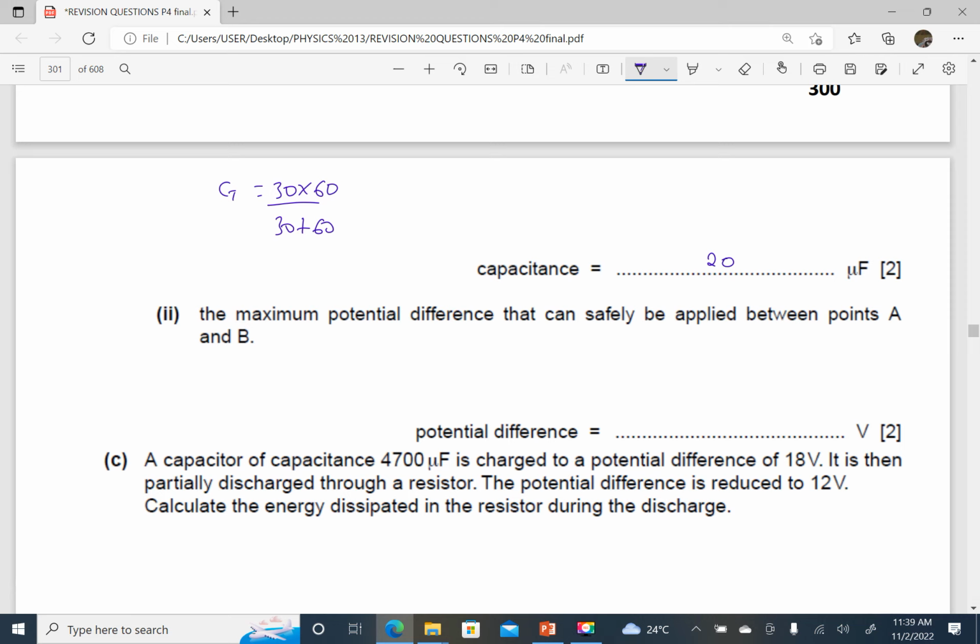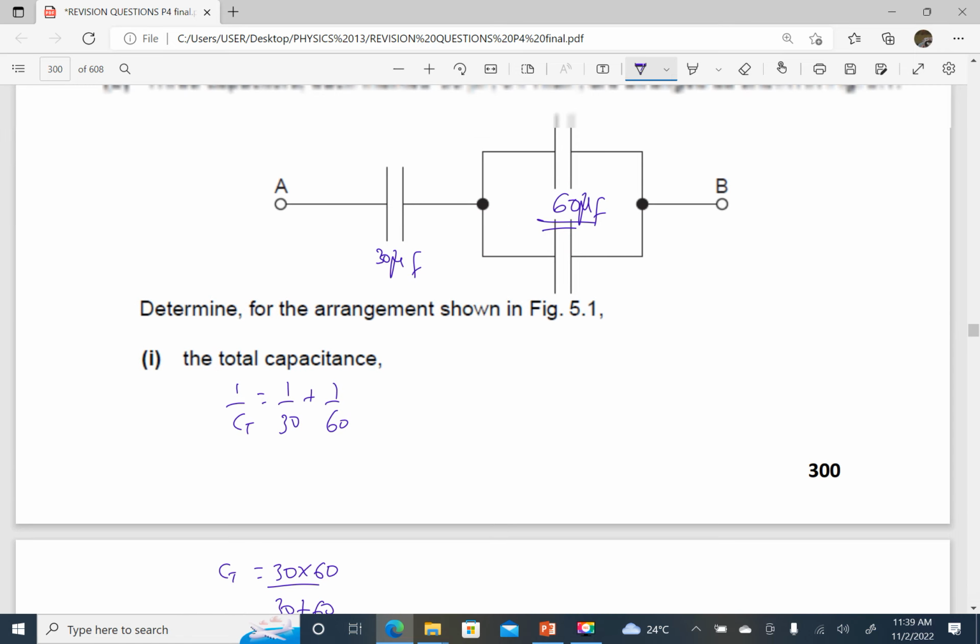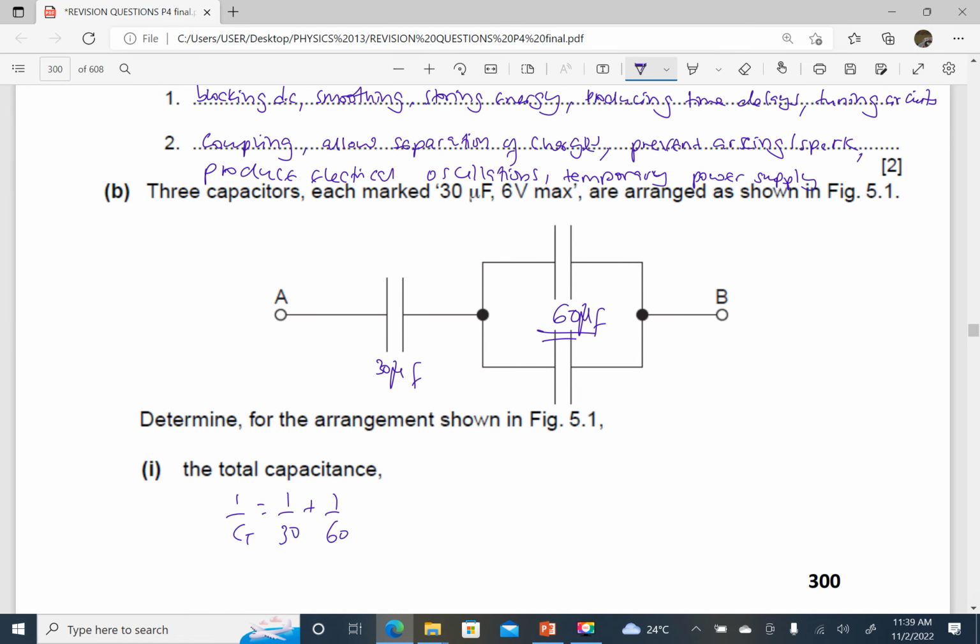Then the maximum potential difference that can safely be applied between points A and B. Note that they have said the three capacitors each are marked 30 microfarads and 6 volts maximum.